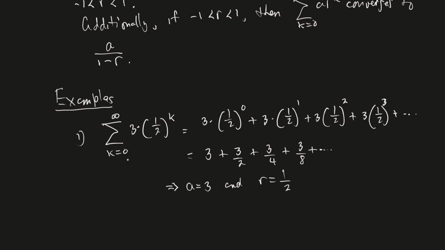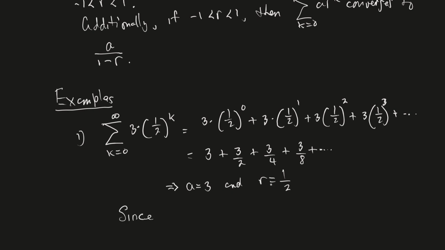Sometimes the initial k is not 0, and sometimes it's not written so that you can see your a times your r to the kth power. Sometimes you might have a more complicated expression here, but that's where properties of exponents will come in. But in this case, we've identified our 2 important values for our geometric series.